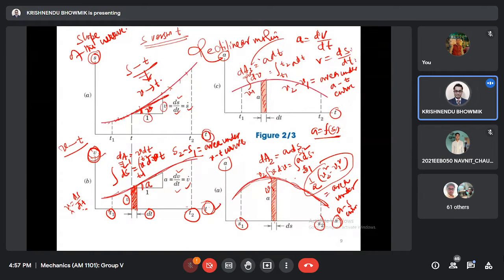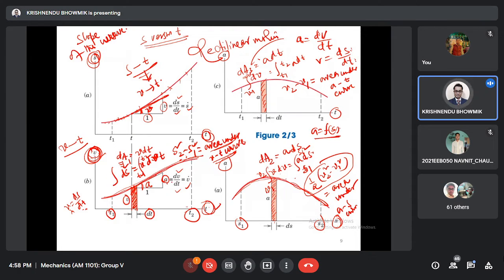The instantaneous slope of this VT curve is nothing but the acceleration, dV dt. And S2 minus S1, the distance, is nothing but the area under this VT curve.